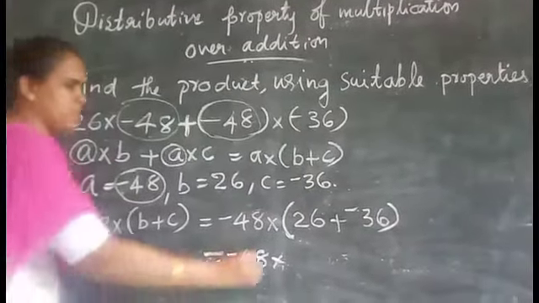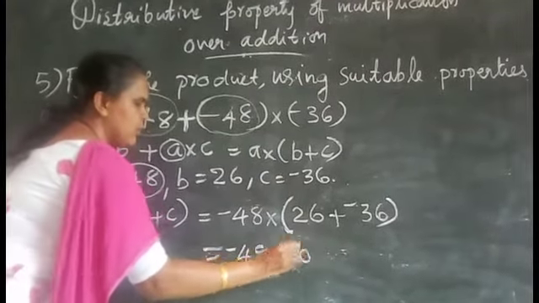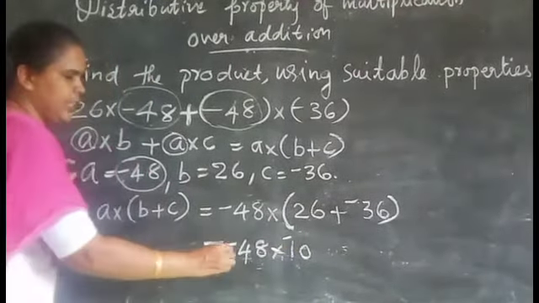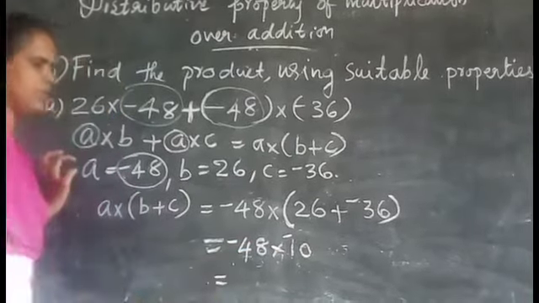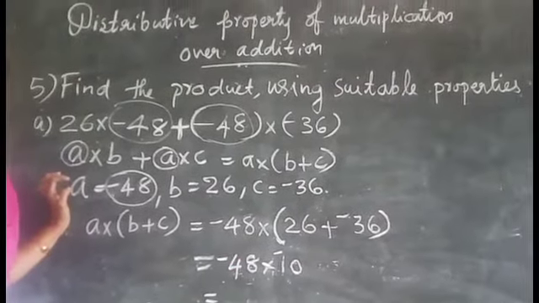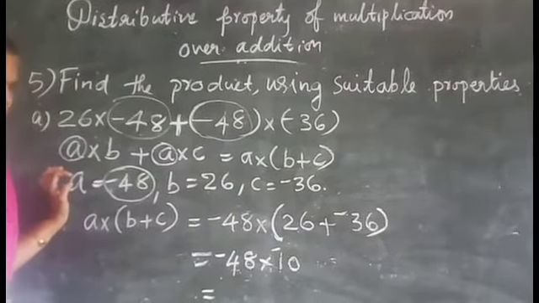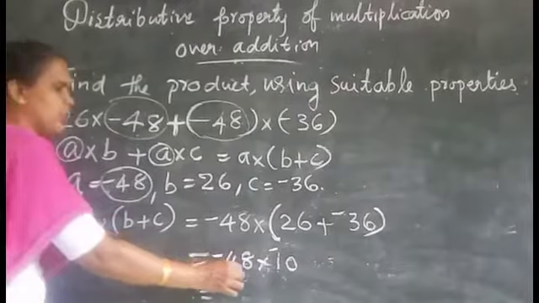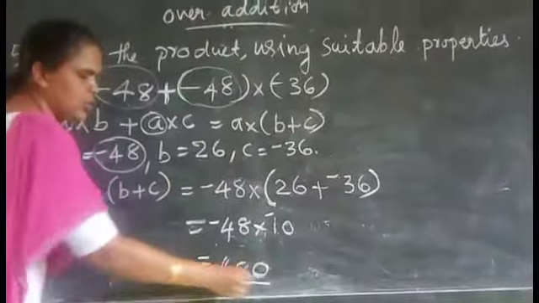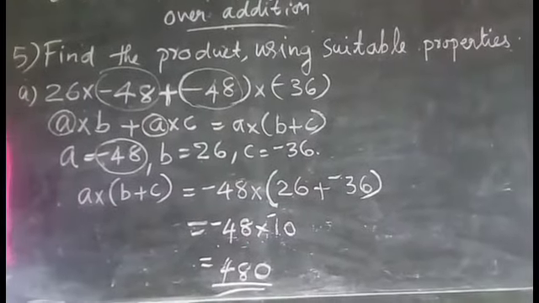That is negative 10. Negative 48 into negative 10. Both the numbers are negative, so the product will be positive. So what is the answer? 48 into 10 is 480.